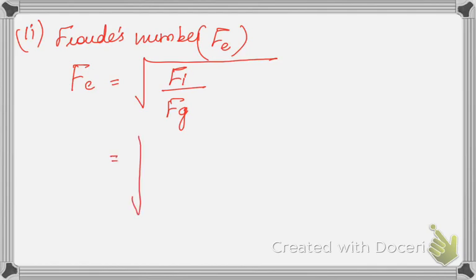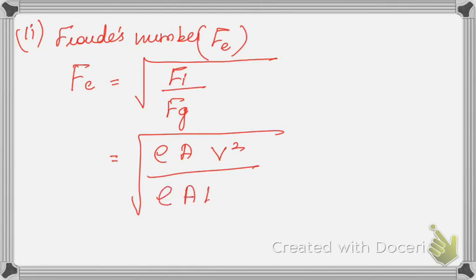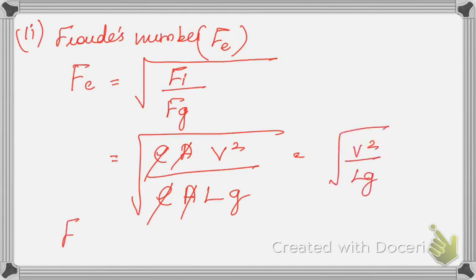So we put the square root, and inertia force, as we all know, is rho A V square, and gravity force we have determined as rho A L g. So A and rho will get cancelled. We will be having the root of V squared by L g. So Fr is nothing but V by root of L g. This is the formula for the Froude number.